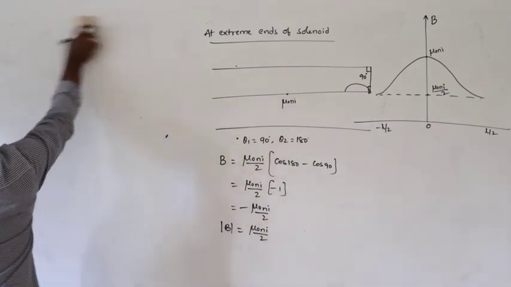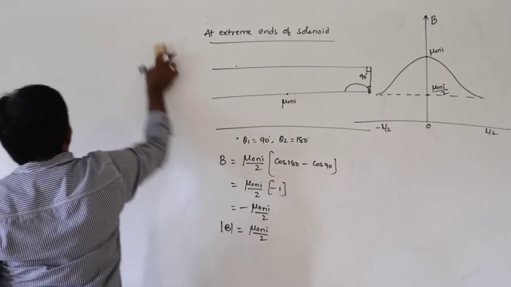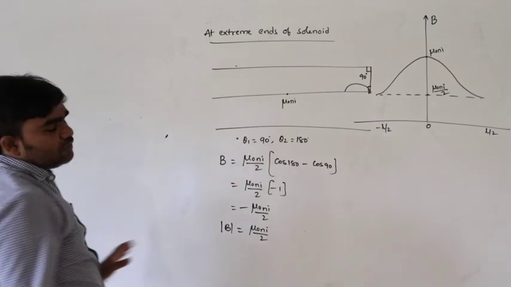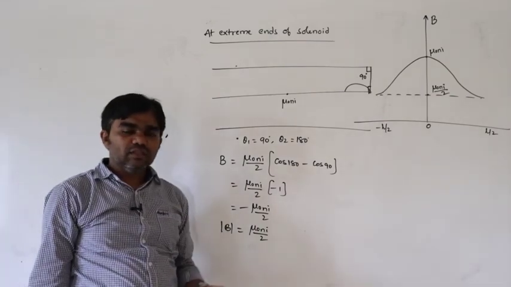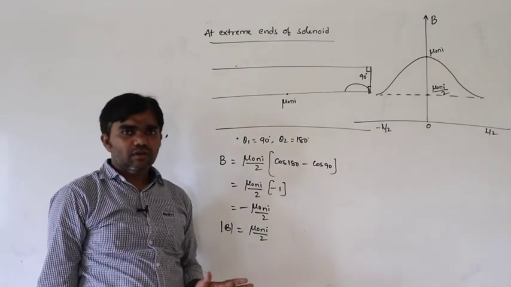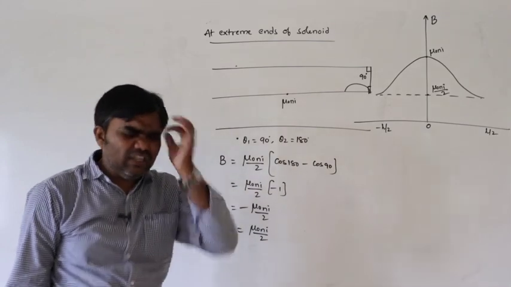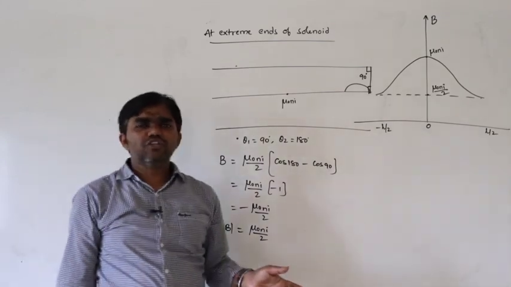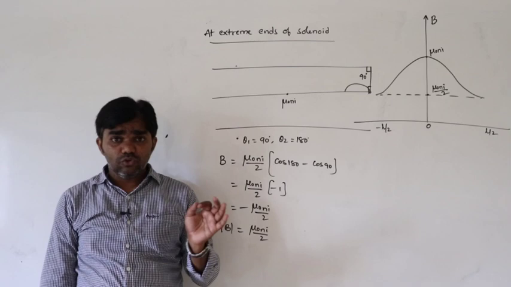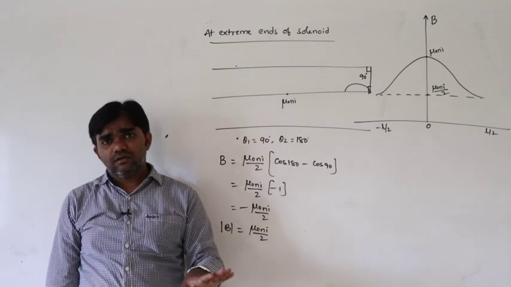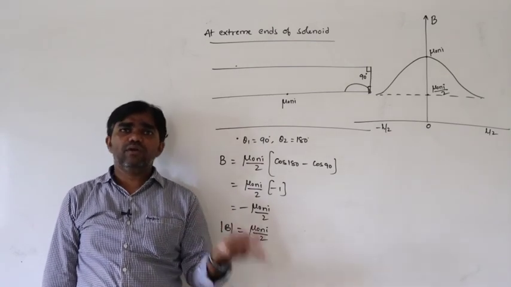In this situation, you have to remember whether the length of the solenoid is infinite or finite. If it is infinite length, blindly you can remember the magnetic field is mu naught Ni. At one extreme end, it is mu naught Ni by 2.